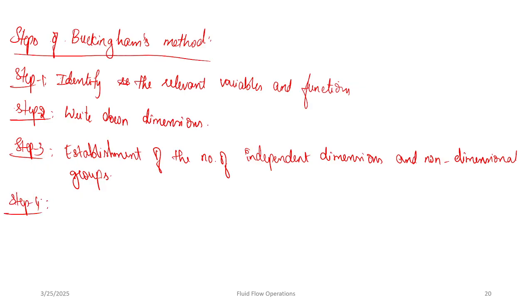Step 4 is to choose j dimensionally independent repeating variables. So in most cases it will be three.